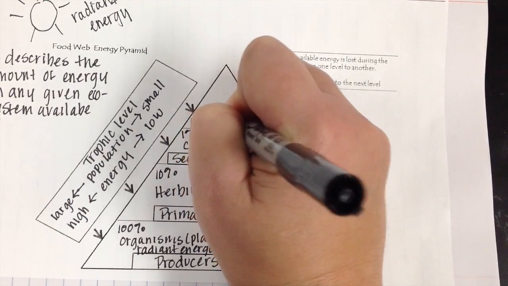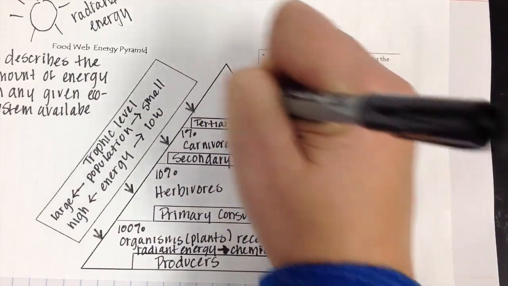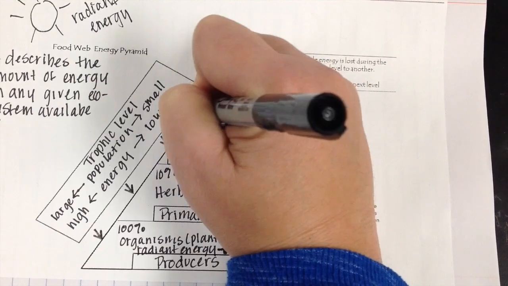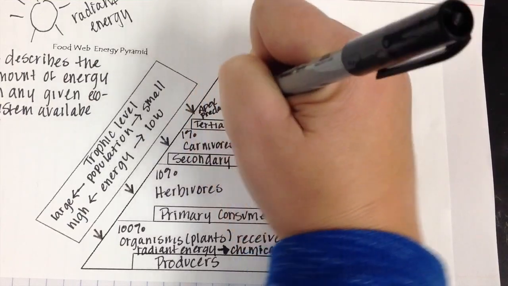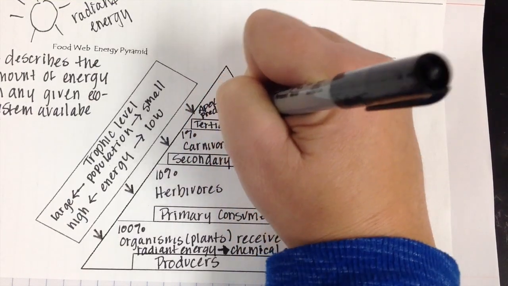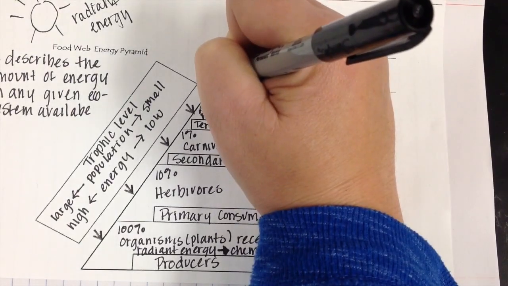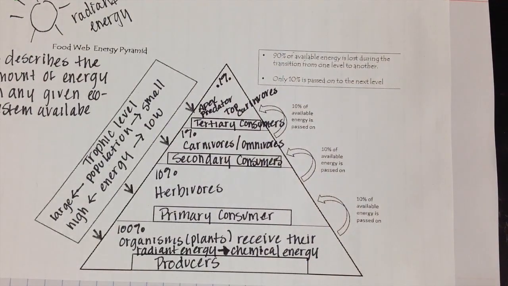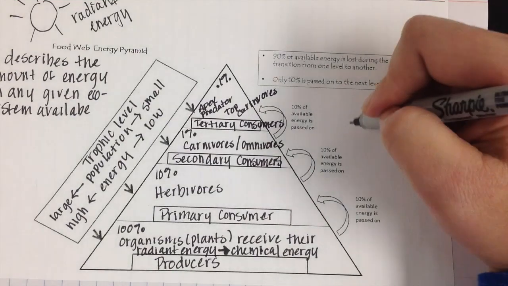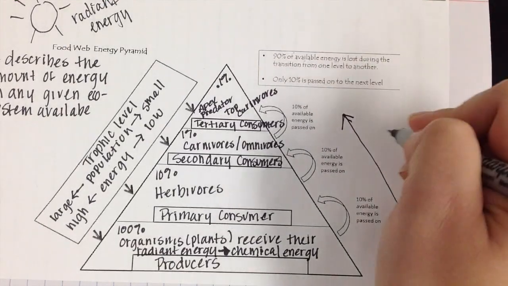And this is the term that we tend to have trouble with, consumers. They are apex predator or our top carnivores. .1% energy. Okay, as we look at a pyramid, remember we talked about the energy moves up.